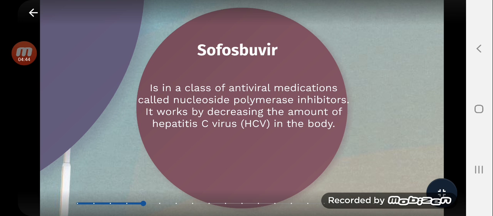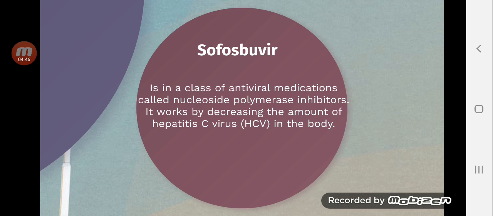Sofosbuvir is in a class of antiviral medication called nucleoside polymerase inhibitors. It works by decreasing the amount of hepatitis C virus, HCV, in the body.